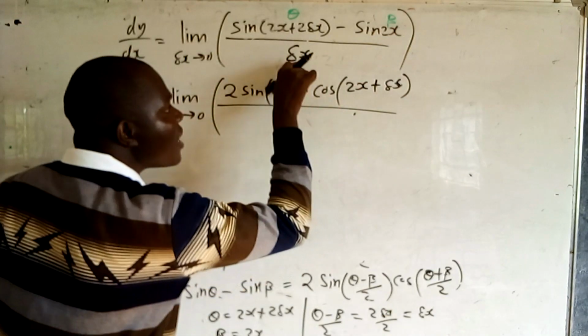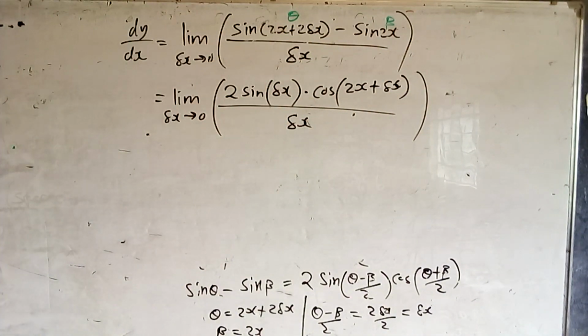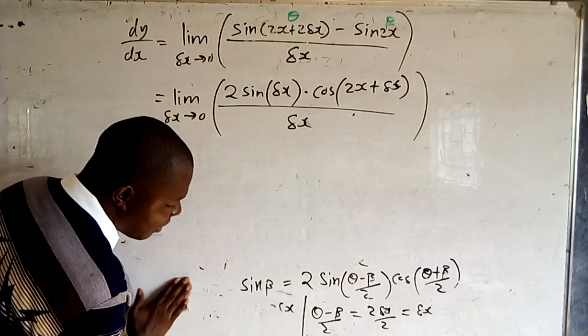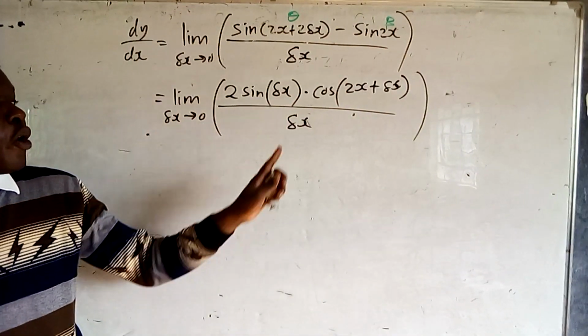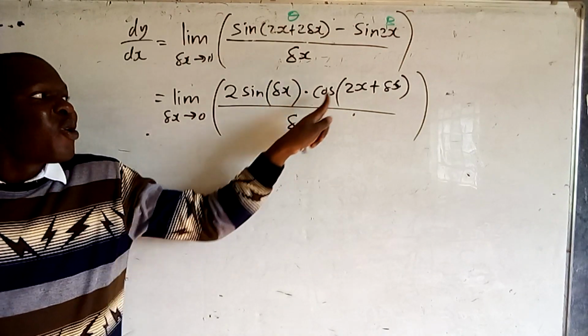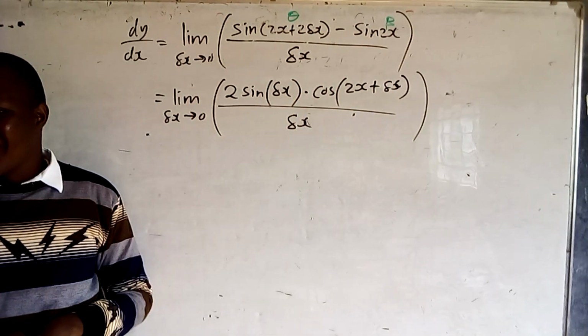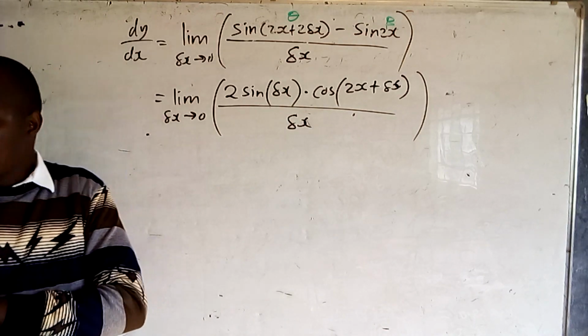Then the whole of that numerator is over the denominator, which is change in x. So you see, we are now using trigonometry to transform it back in a manner that we are now able to put the denominator over one of them. Meaning this change in x is either over this or over this because of multiplication, isn't it? Are we together? Then you go back, we said that important limit we talked about.